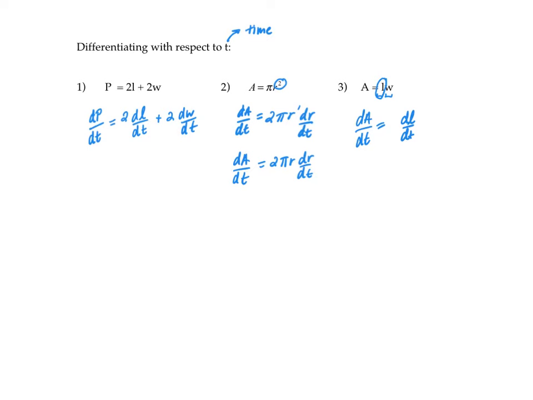But we would not be taking the derivative of w. So the w dL/dt, plus, now we're not going to take the derivative of the length, but now we're taking the derivative of the width, so the dW/dt. So again, I'm using the product rule. I took the derivative of the first and kept that second variable the same, and then I did the opposite.